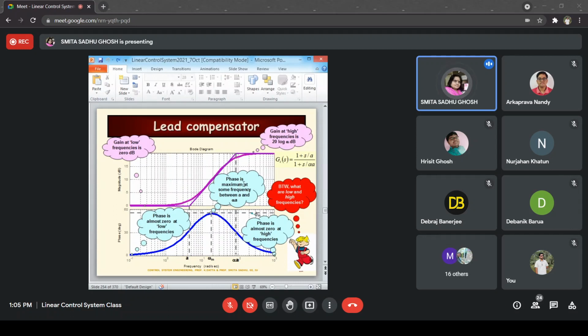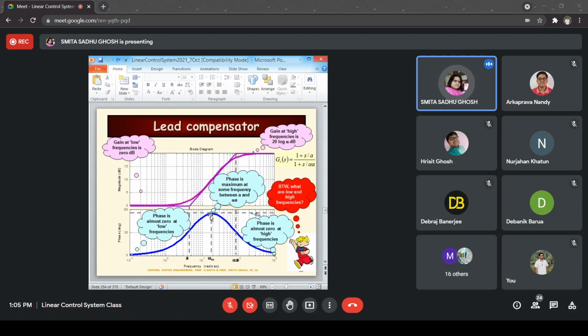So the maximum phase is obtained at some frequency between A and alpha A, which are the two corner frequencies. The phase, of course, is almost zero at high frequencies. If you take a higher frequency, you will see that it's going to asymptotically tend to zero.